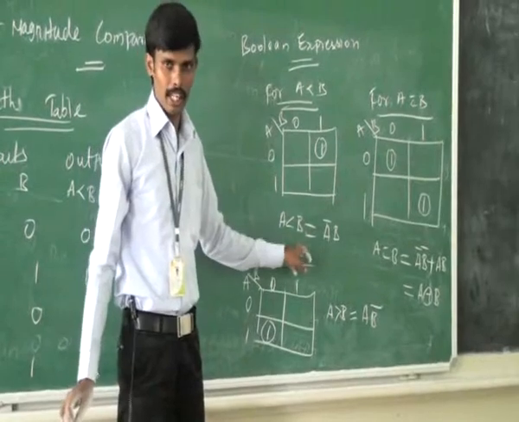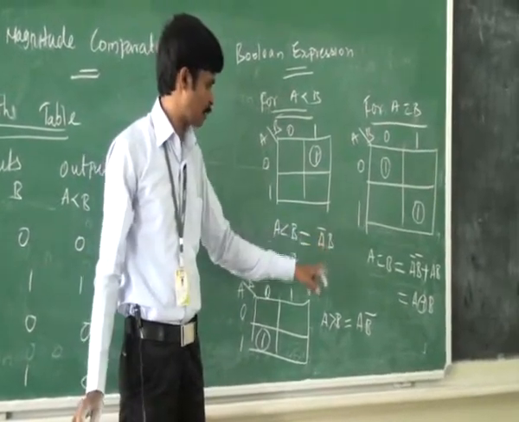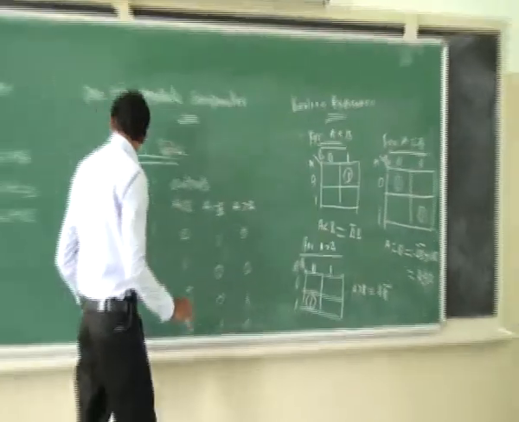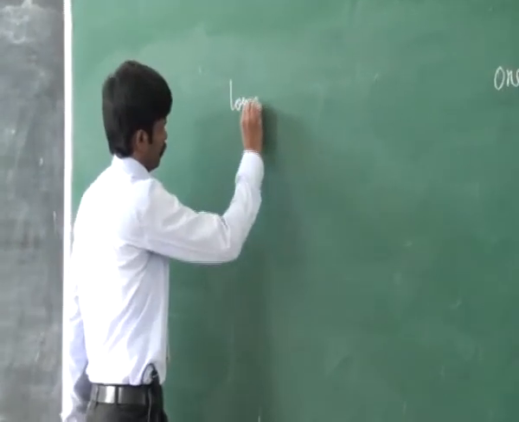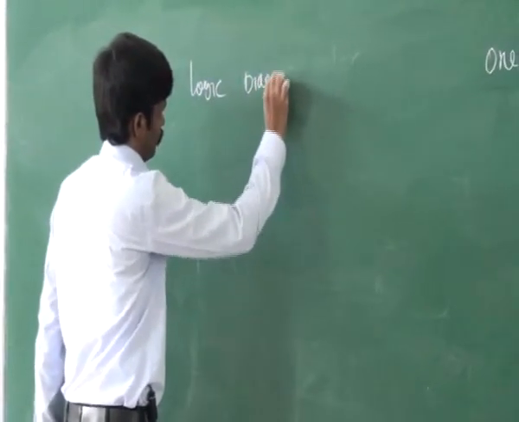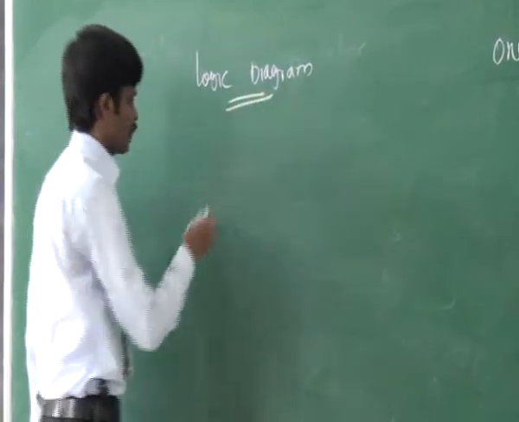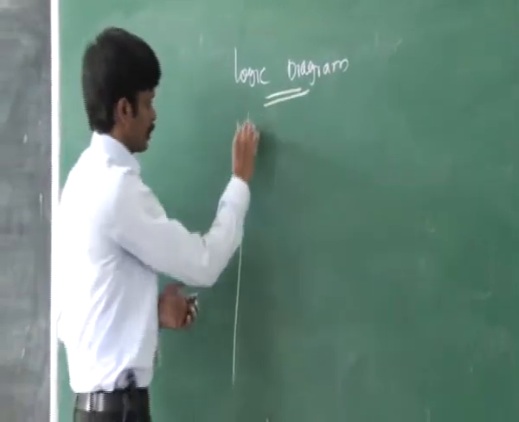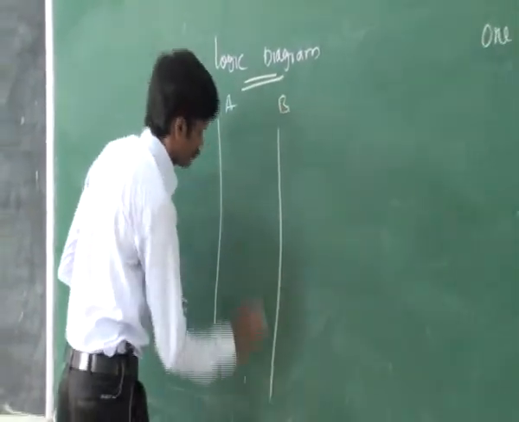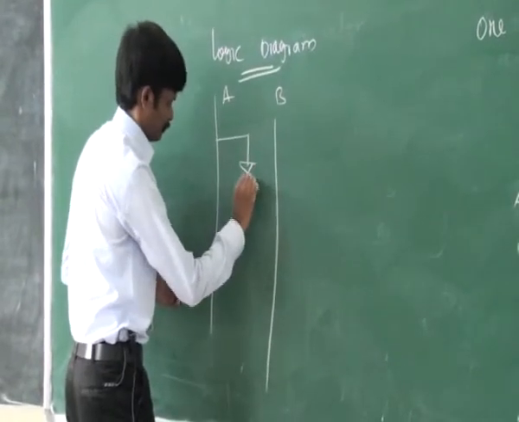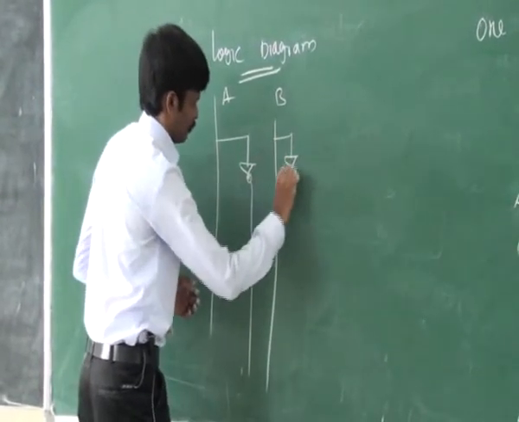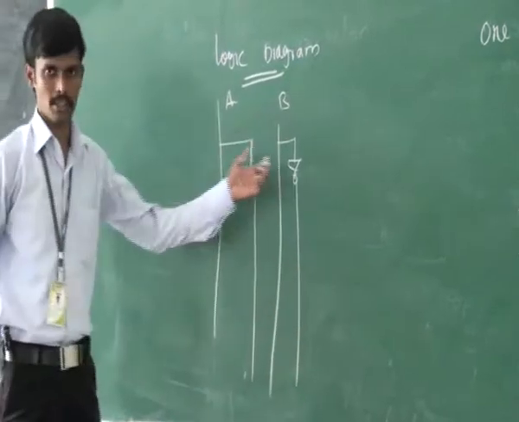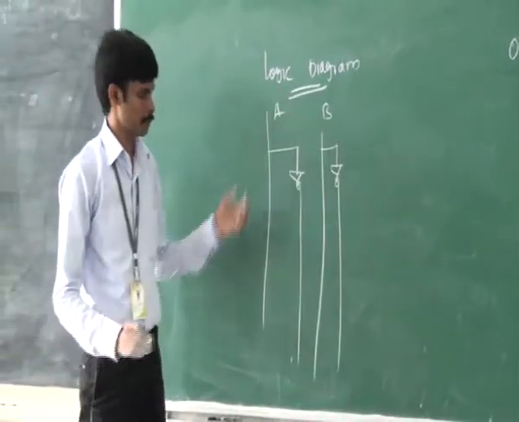Then we have to draw the logic diagram for A less than B, A equal to B, A greater than B. Here we have two input variables A, B. Then these two inverters are used to take the complement of the input.